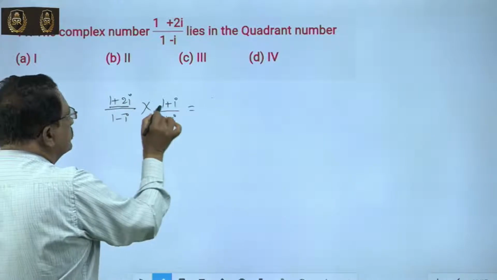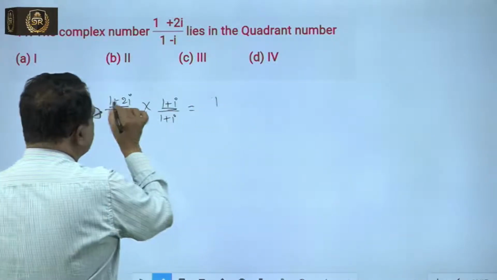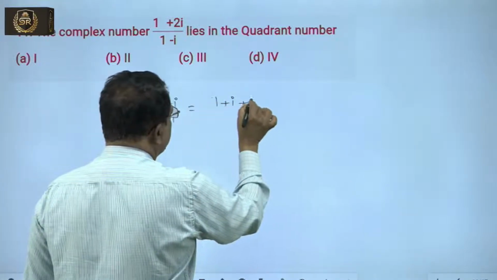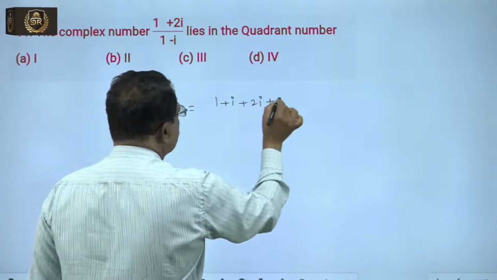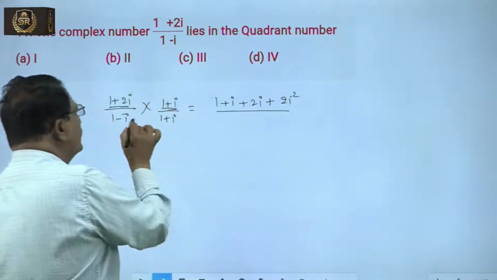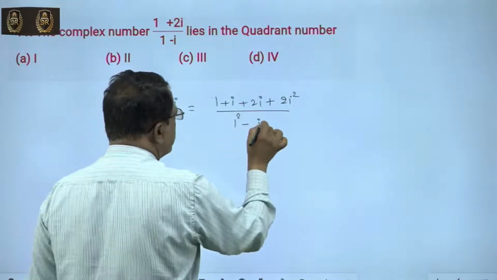multiply the first two factors in the numerator: 1 into 1 is 1, plus 1 into I, plus I, plus 2I into 1 is 2I, plus 2I square. By a minus b into a plus b equals a square minus b square, the denominator is 1 square minus I square.